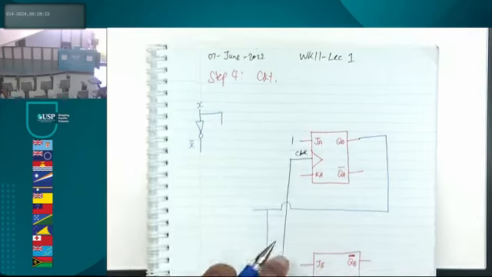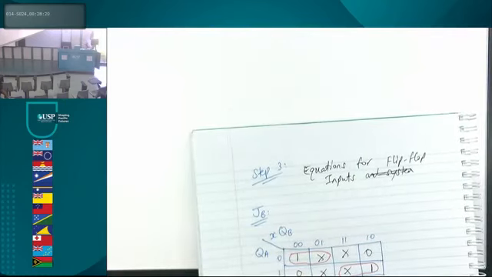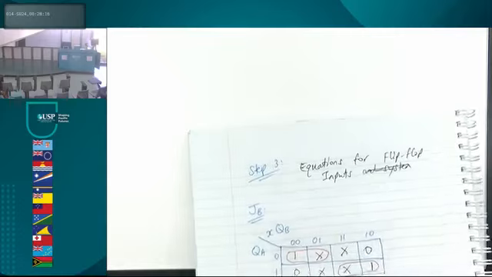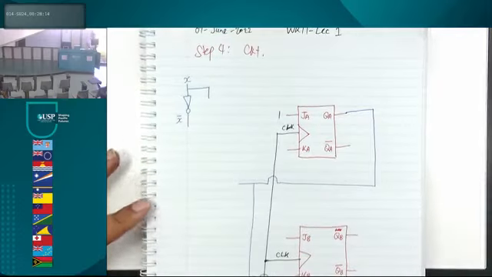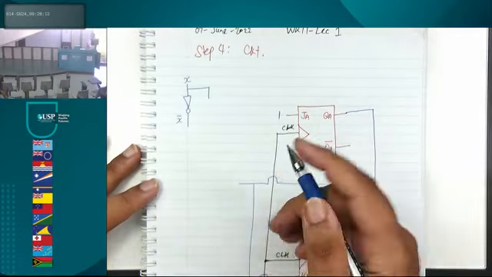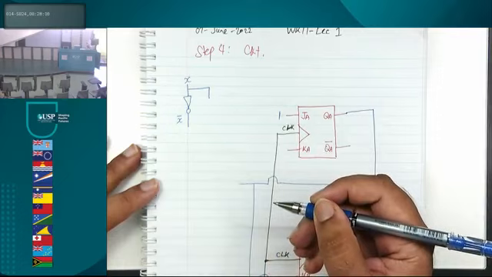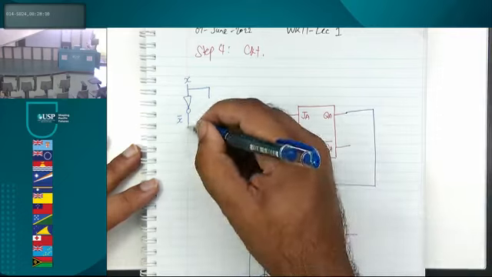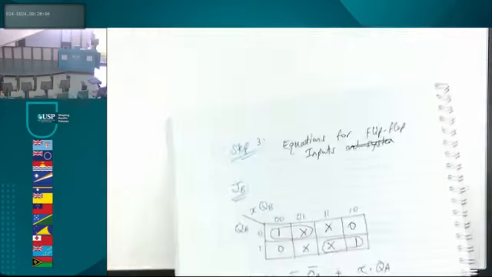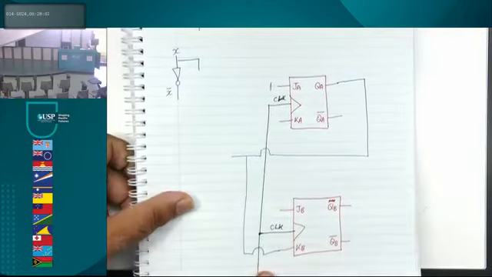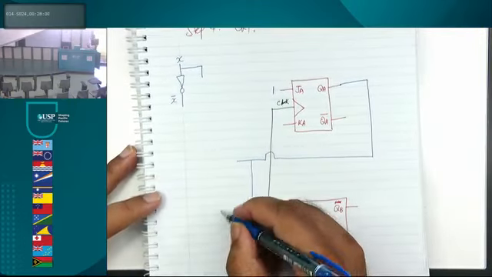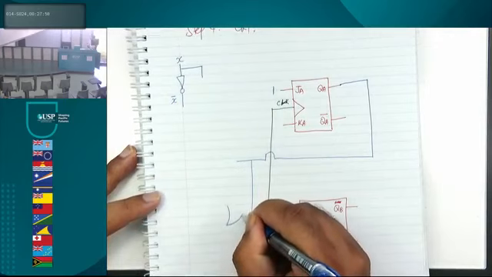And what was this equal to? X bar, QA bar, X, QA. Wow, all right. QA and QA bar, right? And that goes into JB.